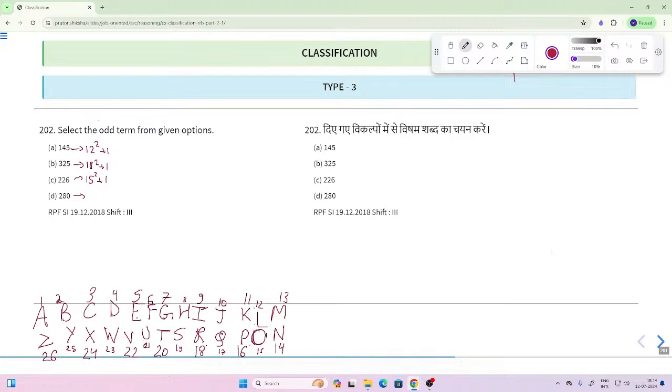And this is none. This is no square plus 1. Closest is 16 square, but no, that doesn't work. So D is the odd one out. It's the only one which is not a square plus 1.